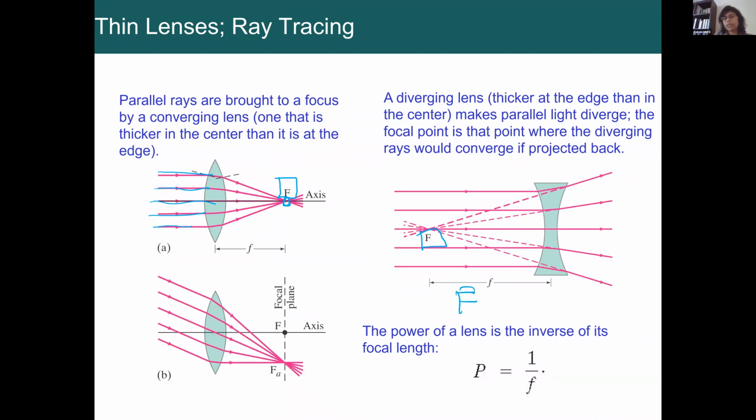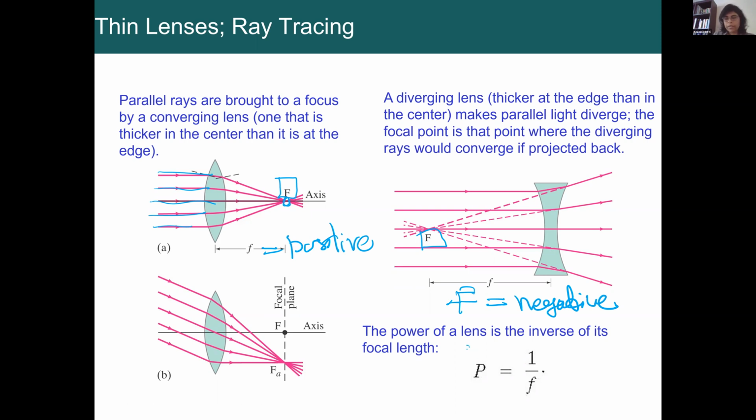F is negative in this case. Okay, in the converging case, F is positive, similar to your concave mirror, right? So that will be your important focal point, but on the other side there is also a focal point.